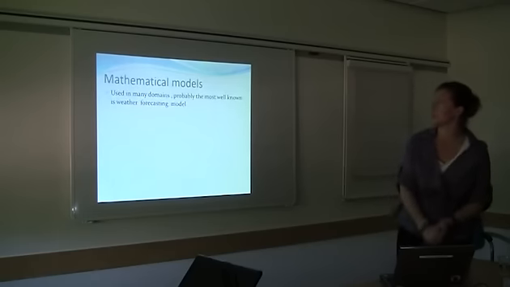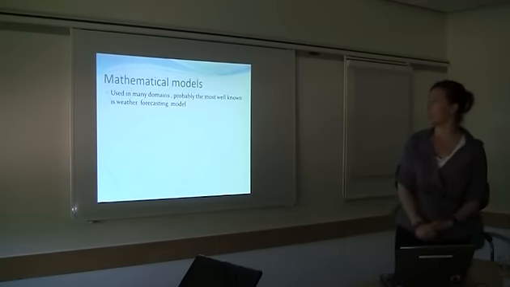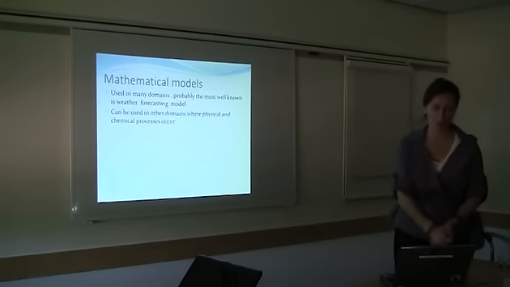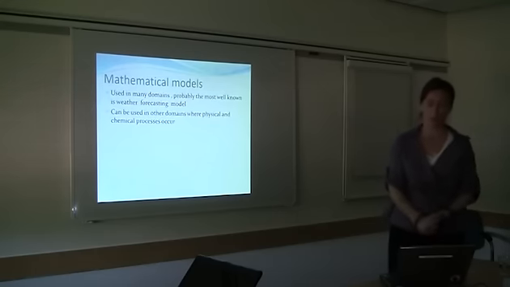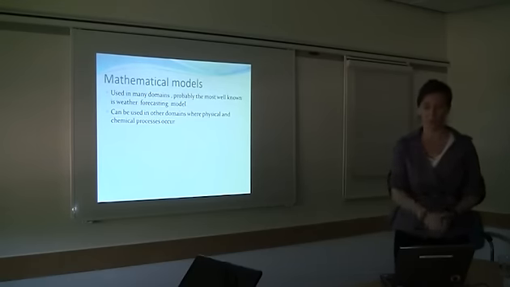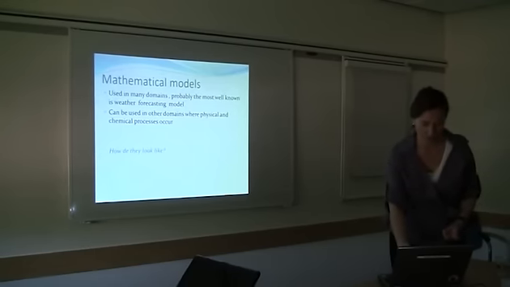What are mathematical models and where are they used? They're used very well in many domains. Probably the most well-known is the weather forecasting model, and all global weather is forecasted according to mathematical models. But they can also be used in any other domains where physical and chemical processes occur.